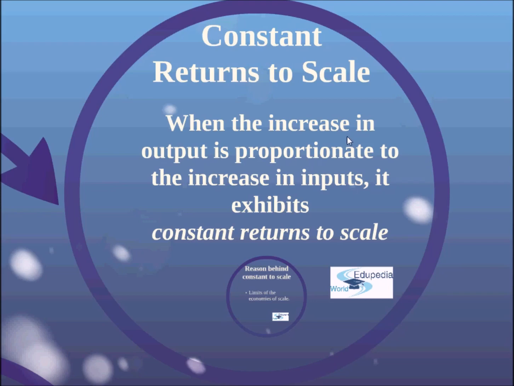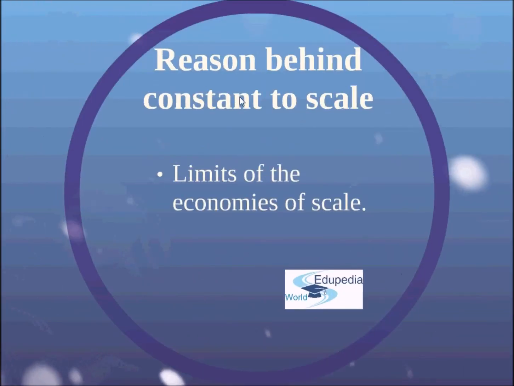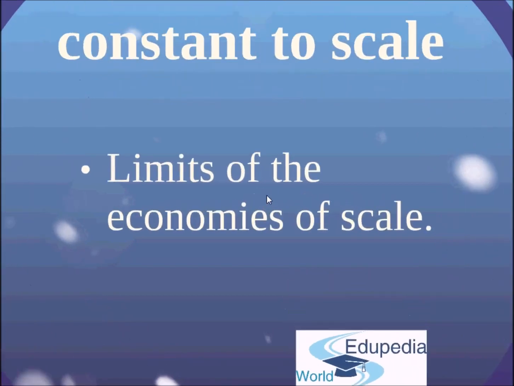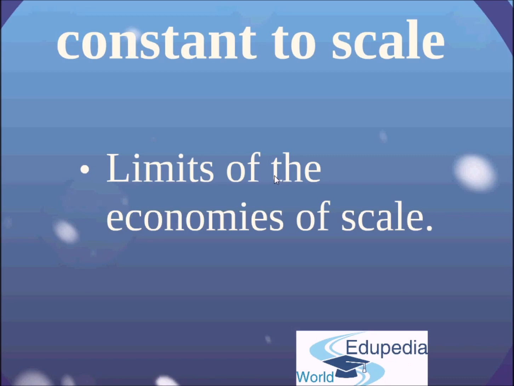Now, what are the reasons behind the constant returns to scale? It is due to the limits of economies of scale. See, with expansion in the scale of production, economies arise from such factors as indivisibility of fixed factor, greater possibility of specialization of capital and labor, use of more efficient techniques of production, etc. But there is a limit to the economies of scale.